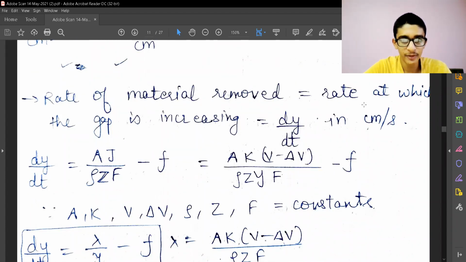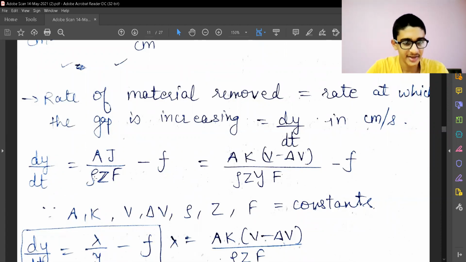So the rate of material removal is equal to the rate at which the gap is increasing. So this is the thing we are going to start with, that is dy by dt. So that is the rate of material removal, because the area in which my tool is going to act on my workpiece is going to be constant. So the only change is the change in the gap.